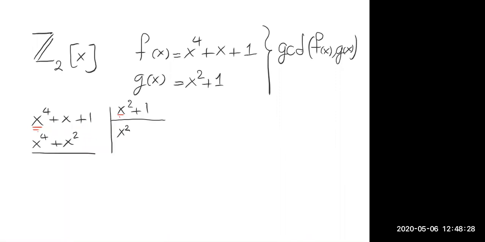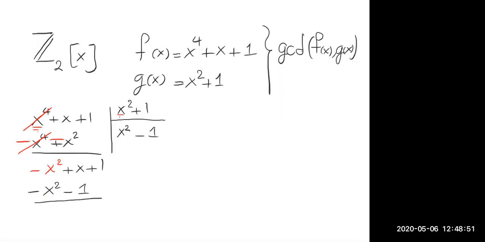I should change the signs. X to the 4 cancels x to the 4, so I would get minus x squared, and what remains is plus x plus 1. What should I multiply x squared with? Well, minus 1 in this case. I'm going to get minus x squared minus 1.